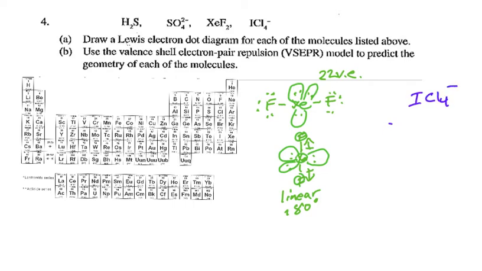ICl4 minus, I is going to go in the middle, the Cl's are going to go around the outside, and then we got to count our valence electrons. Each chlorine is going to contribute 7. 7 times 4 is 28. And then the iodine is going to contribute 7 anyway. So actually 7 times 5 is 35. But you remember the 1 negative charge, so it's 36 total.